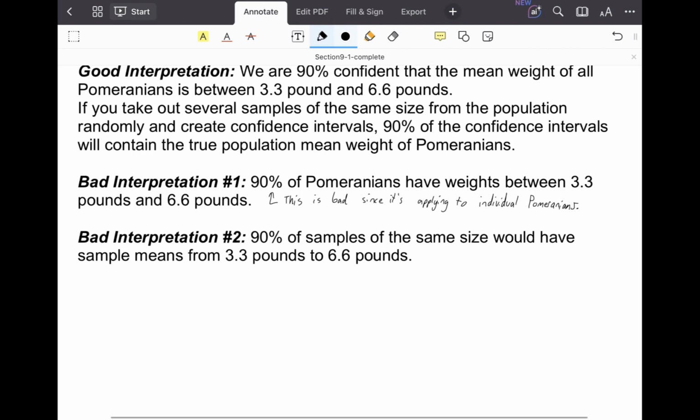This one is a less common misinterpretation, but still is a fairly common misinterpretation. It's applying to samples instead of the population parameter. So let me just write a quick sentence here.